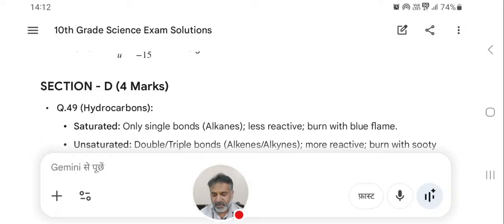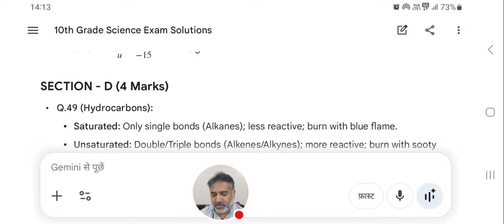Question number 48: chlorine gas is used for manufacturing substance X, which is used for bleaching. CaO plus Cl2 gives CaOCl2, bleaching powder. So substance X is CaO, calcium oxide. What do we call this? We call it quicklime.